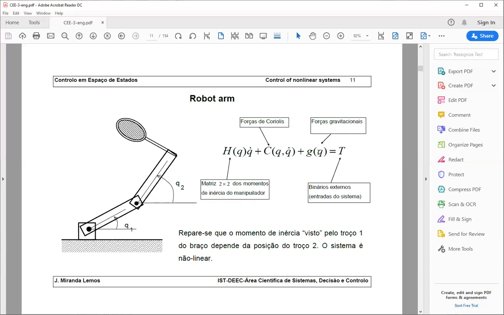This is a classical example in robotics, so I'm not going to go into detail, but you can use Lagrangian mechanics, for instance, to write an equation of this, where h is a function of q, and c is also a function of q and the derivatives q dot. And t is the vector of torques applied to the joints.